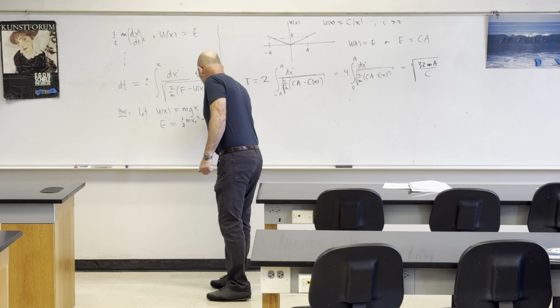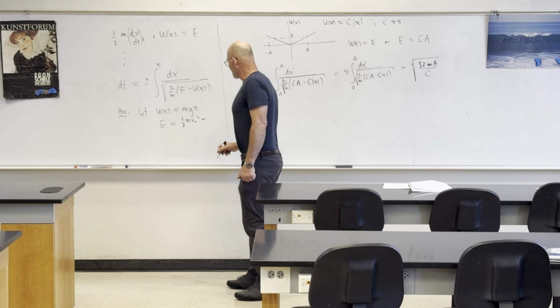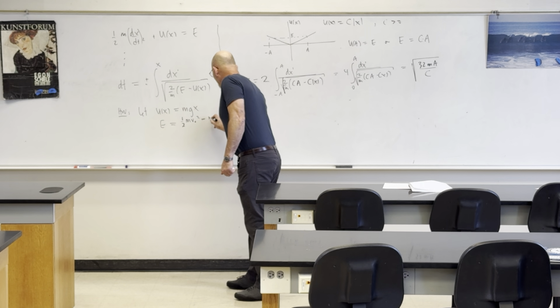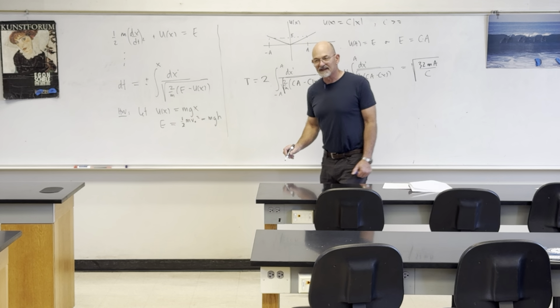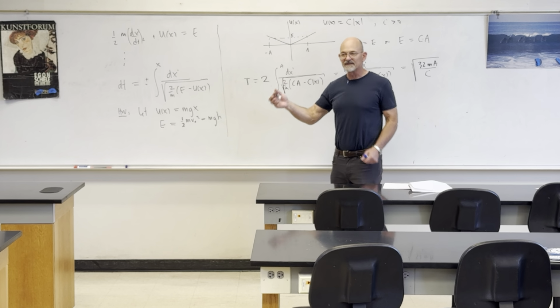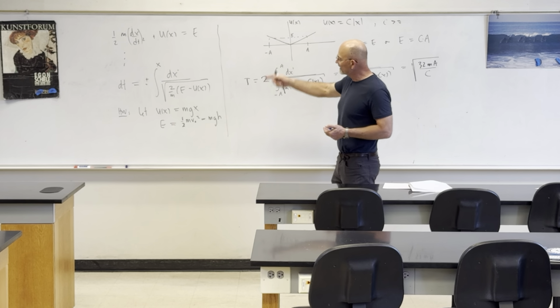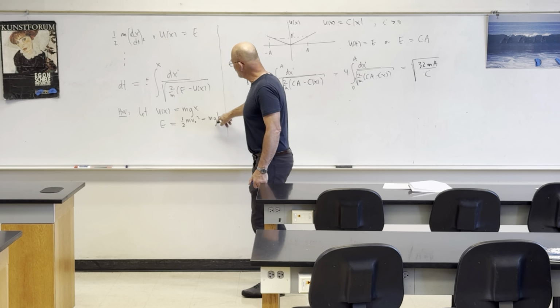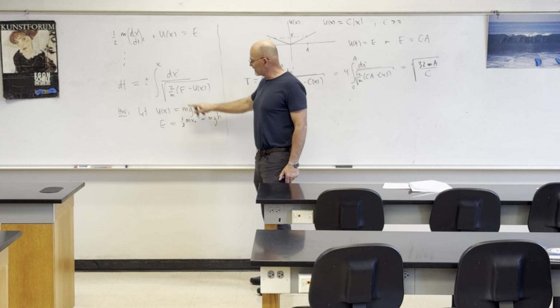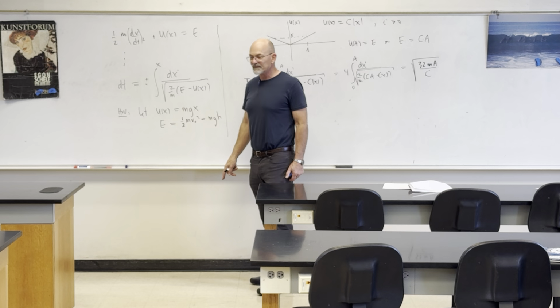But let's let that be mgh. That tells us how high the thing goes in the air, right? This is just a free fall problem. You're launching it in the air. So this might be the one you want to use in here, so you're not mixing up d squareds and stuff.